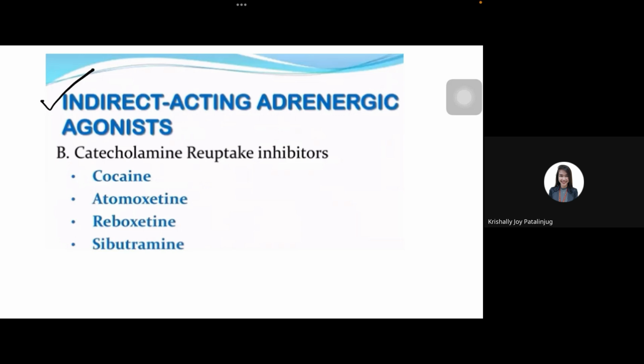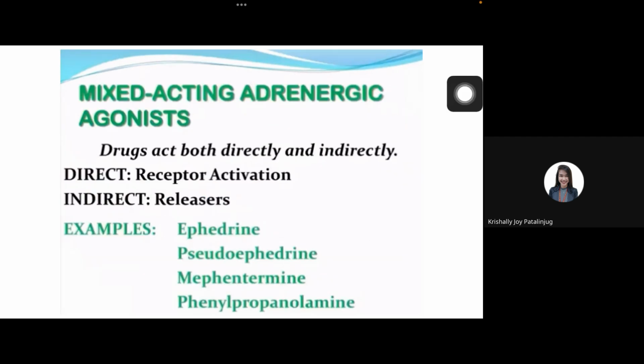Okay, sige, proceed. Ano naman yung mga halimbawa ng mixed acting adrenergic agonists? So ito, they both have, di ba, direct and indirect acting. Pwedeng sila mismo yung mag-bind sa receptor or they will simply act as releasers. Kasi di ba yung sabi ko kanina, ang isang indirect acting mechanism is as releaser. Okay?